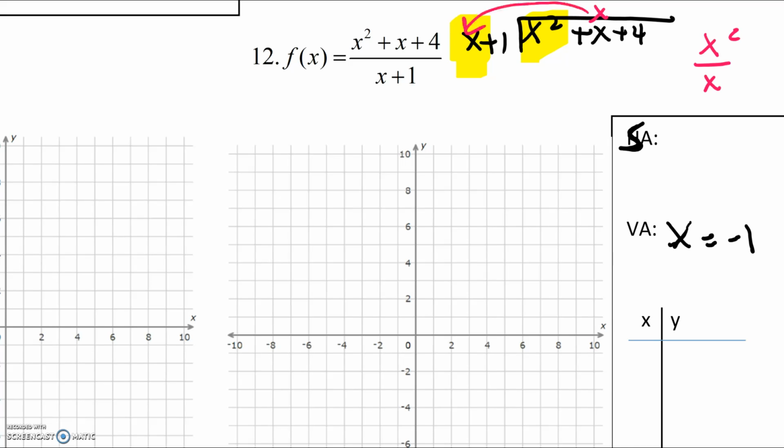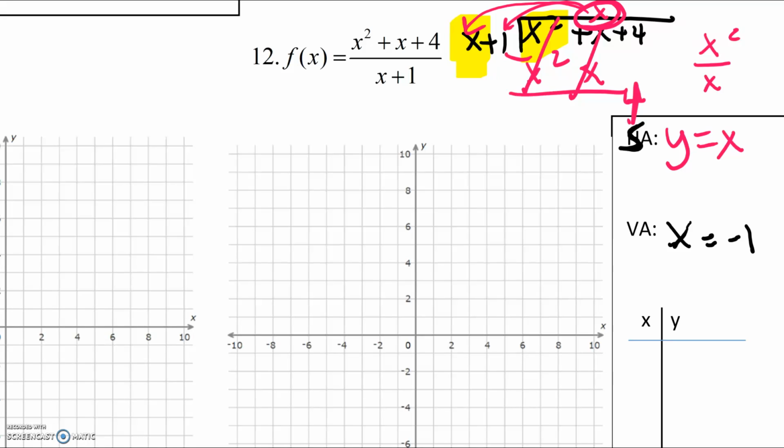Then you take that and you multiply by each piece, so you have x squared and x. When you subtract this time, these both cancel and all you're left with is 4. Now that is actually your remainder. At that point, you cannot take 4 divided by x for long division. So the only thing that you have up top is x. So your slant asymptote is y equals x.